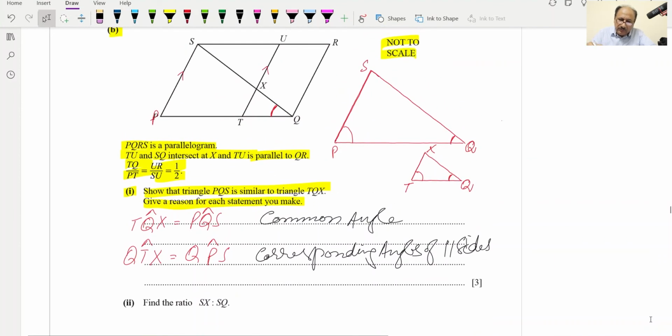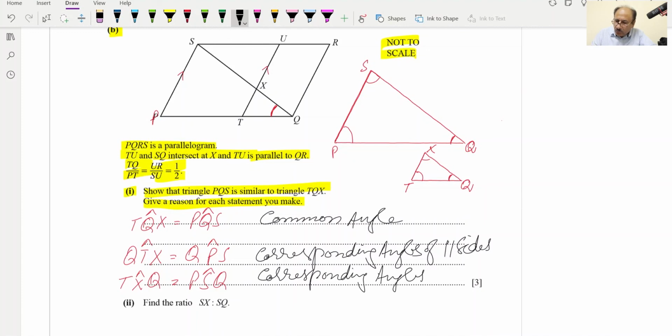The third thing which we will write is this angle is equal to this angle, which we will write over here: TXQ is equal to PSQ angle, and the reason will be same, corresponding angles of parallel sides.